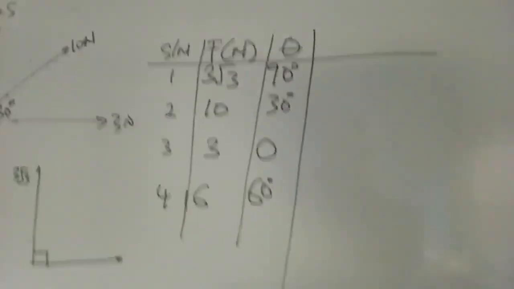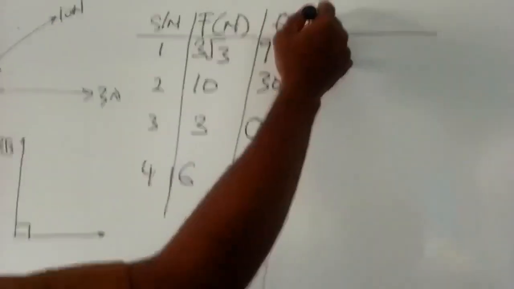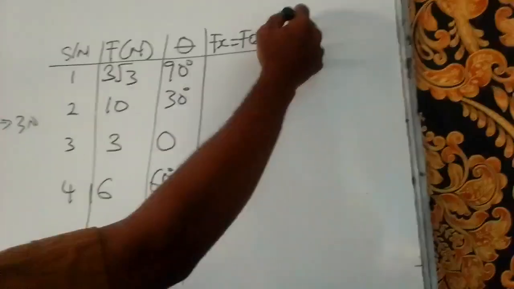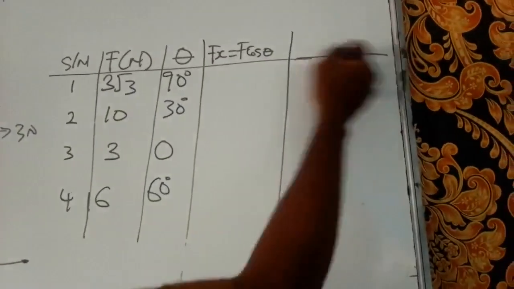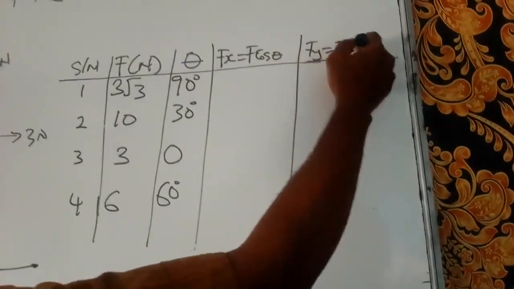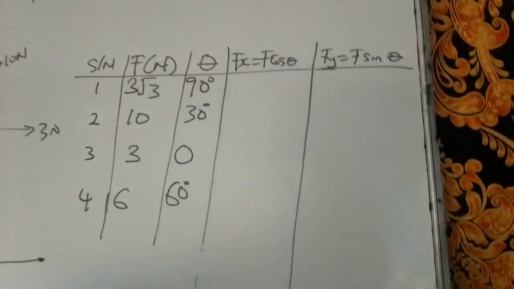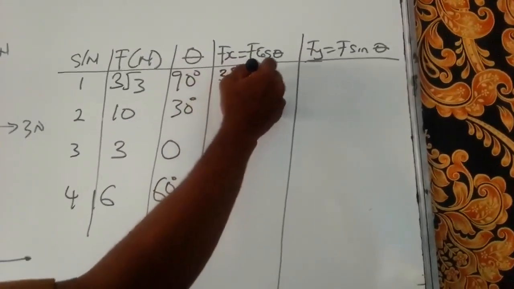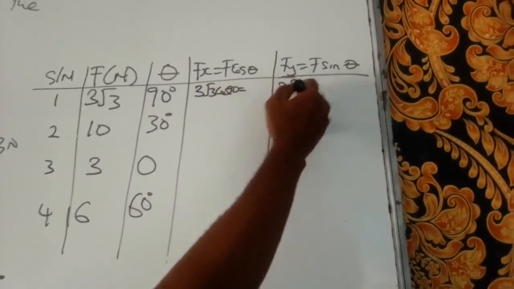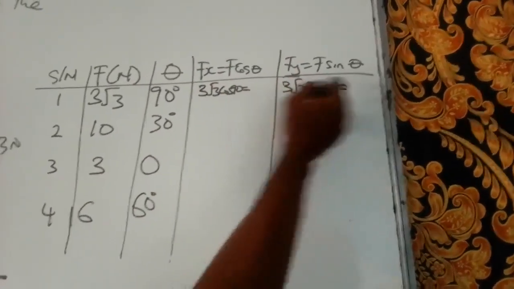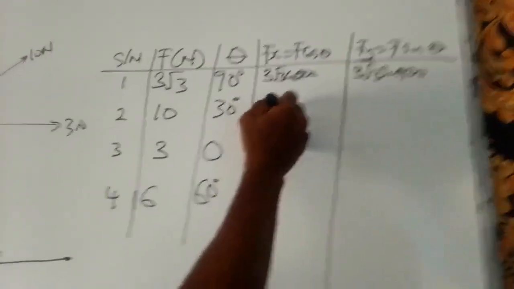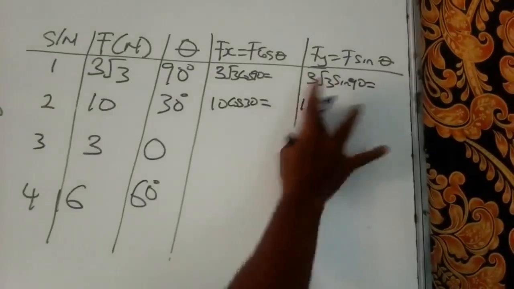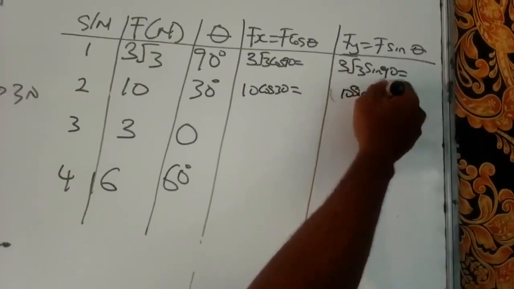Having done that, we'll find the horizontal component of the forces, which is F cos theta. We'll also find the vertical component, which is Fy, F sine theta. We resolve horizontally, we resolve vertically. So this will give us 3 root 3 cos 90 on this side, 3 root 3 sine 90 on the other side, 10 cos 30 on this side, 10 sine 30 on the other side.